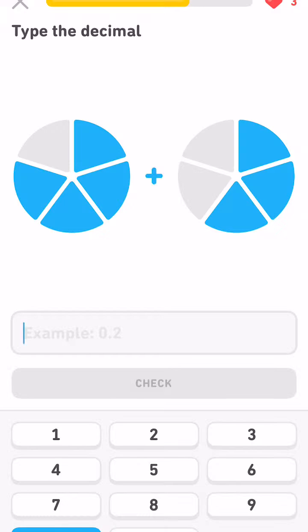Ooh, okay. So 4 over 5 plus 3 over 5. So 7 over 5. Oh, wait. Okay. It's a decimal. Okay. So 1.4.